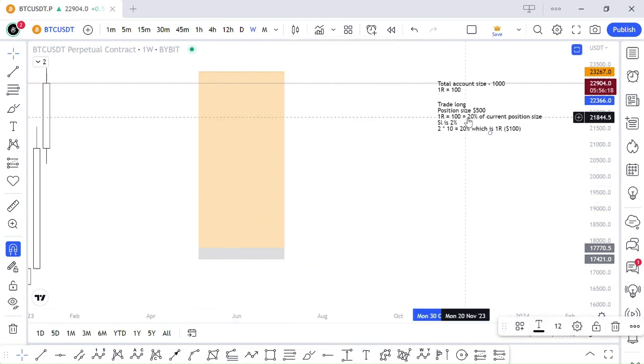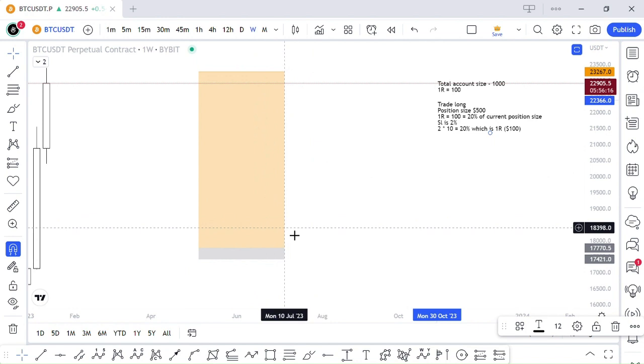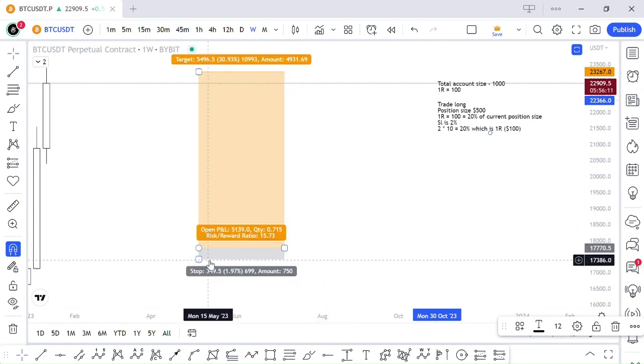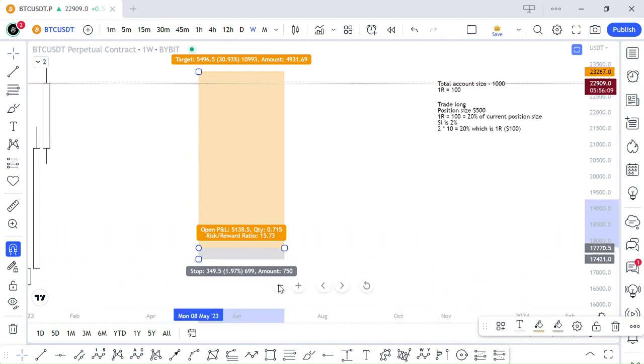So if I take this trade with $500, I will put 10x leverage, stop at 2%, and take profit at 30%.